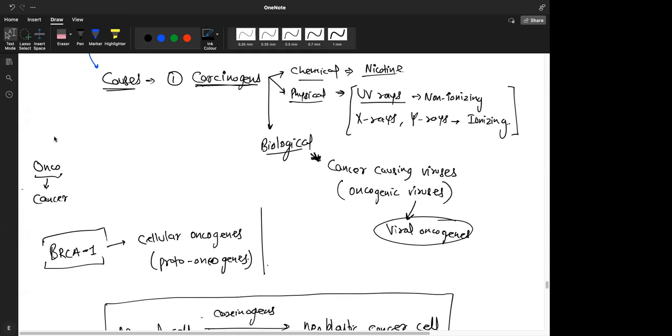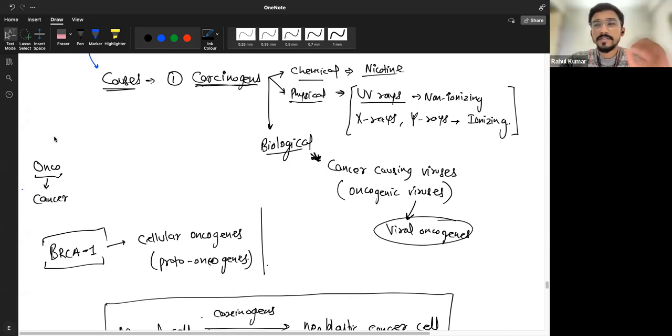In chemical, there is nicotine. In physical, there are UV rays and X-rays. UV rays are non-ionizing, whereas X-rays and gamma rays are ionizing. And for biological carcinogens, there is a virus, which is known as an oncogenic virus.